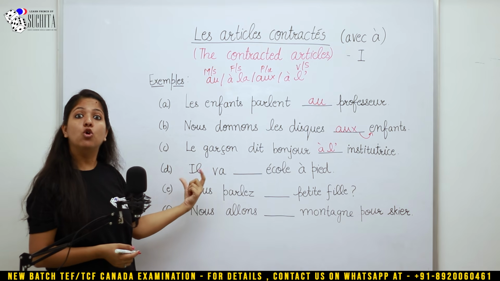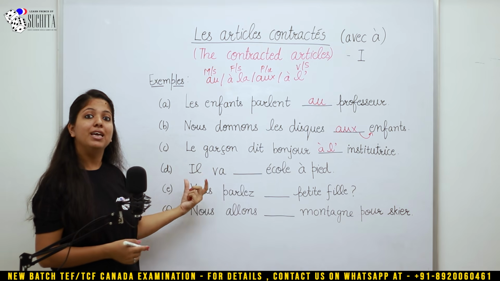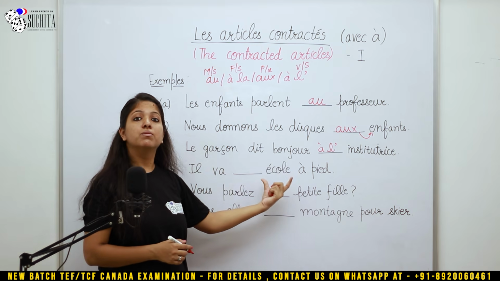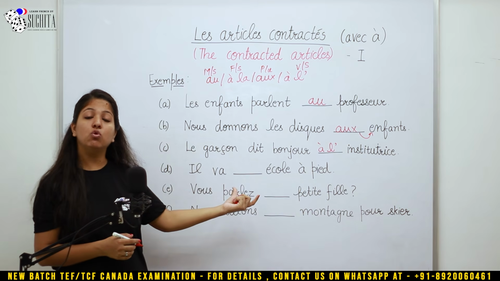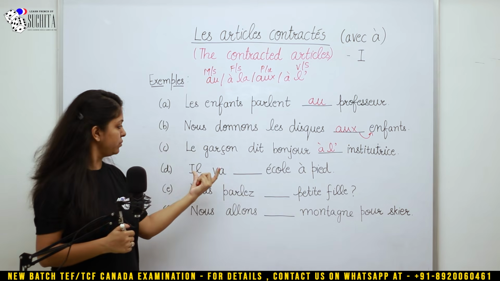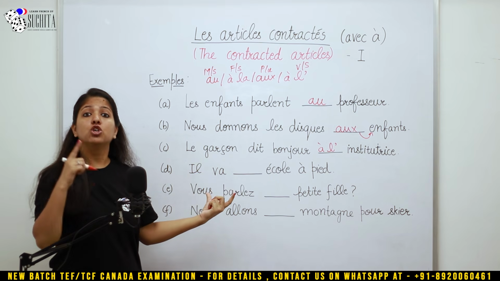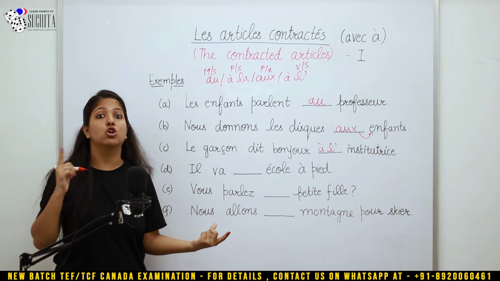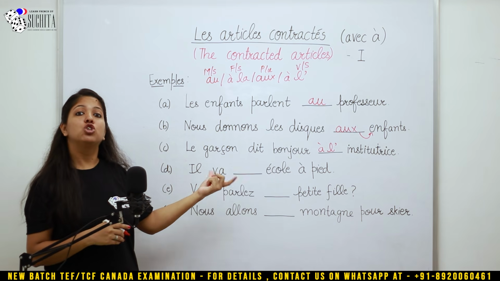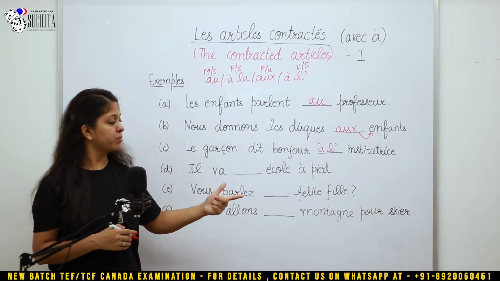Il va, he goes, the verb is the verb aller, he goes dash école à pied. He goes dash school on foot. So he goes to the school. Again, I am telling you the meaning should be either in, at or to. So he goes to the school on foot.